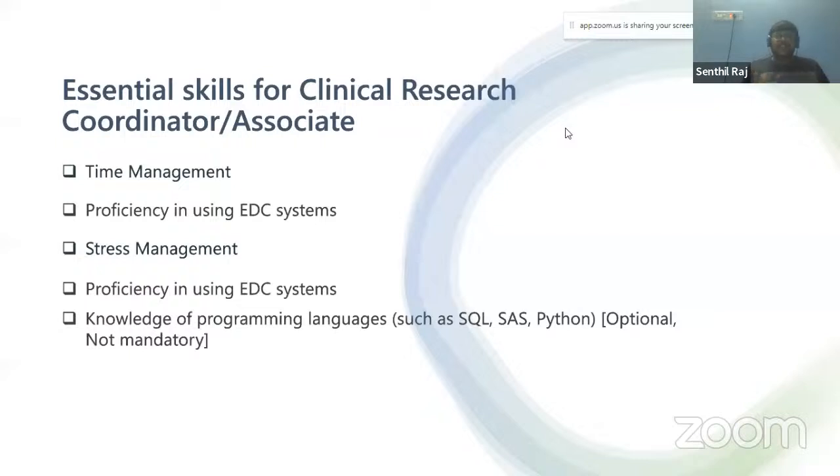Then I joined as a CRA. Now I'm talking more about EDC systems. I am not a SAS person or SQL person or Python or any programming language person, but still I'm working with all the EDC, how data is being captured, all those things. Every time I'm learning something new about how the data capturing tool is playing a vital role.